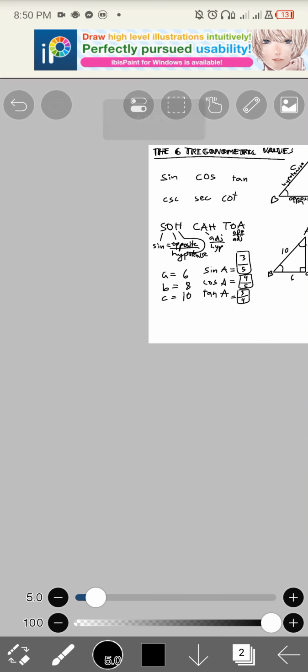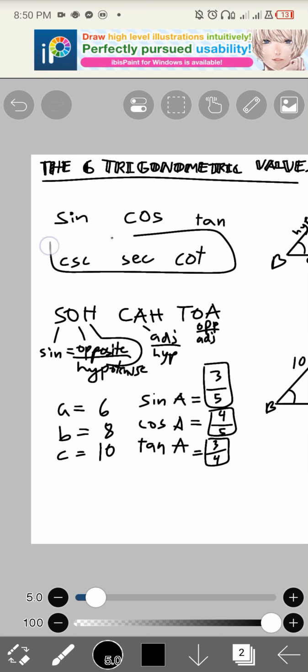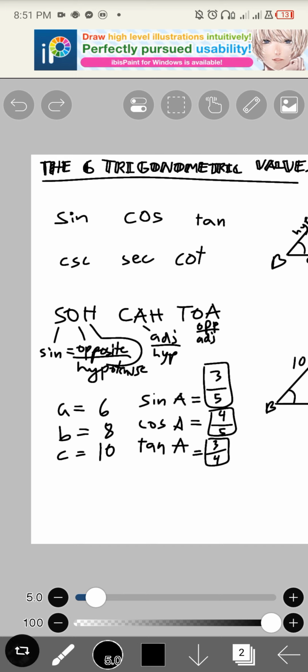Now, we're halfway there. You might think this is difficult, but back to what I was saying. The other three are cosecant, secant, and cotangent.